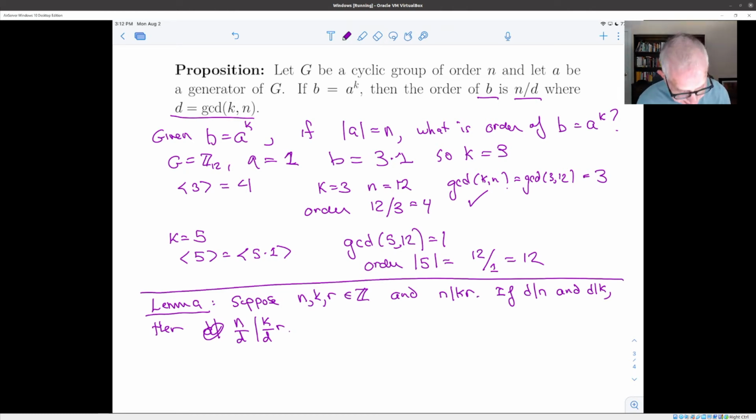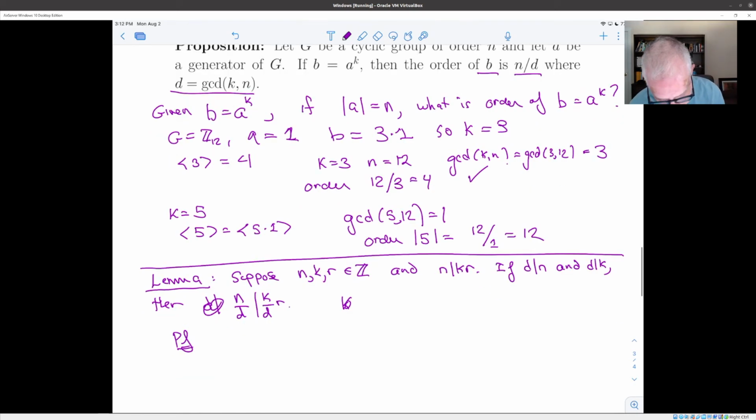So what is this saying? To say that n divides k times r is to say that kr is some multiple y times n. To say that d divides n is to say that n is a times d, and k is b times d. That's what it means to have d divides k. So if we plug all that in, we get bdr equals yad.